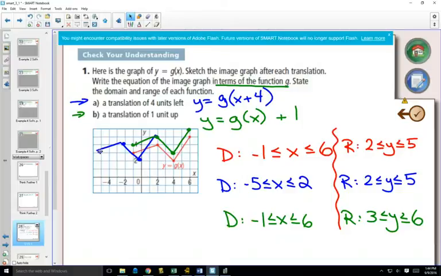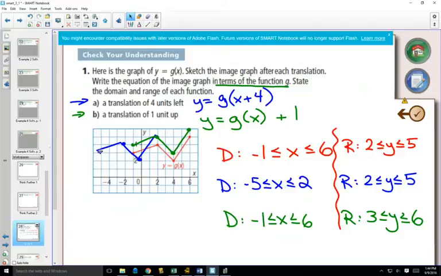Could you answer this question if we decided to take the graph out of it? If we decided just to give you the equations and you didn't know what the graph was. If you just got the equations in terms of g, y equals g of x plus 4, and they told you the original domain was from -1 to 6, what's the domain of y equals g of x plus 4?